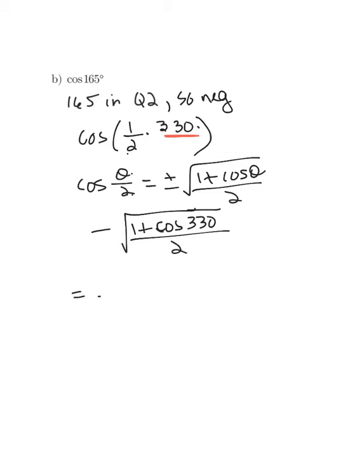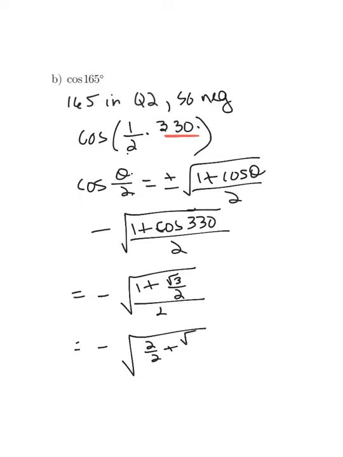So that's going to give us negative the square root of 1 plus the cosine of 330 degrees, which is the square root of 3 over 2, and all that is over a 2. So we have negative square root. I'm going to rewrite 1 as 2 over 2 plus the square root of 3 over 2, and all that's over a 2.